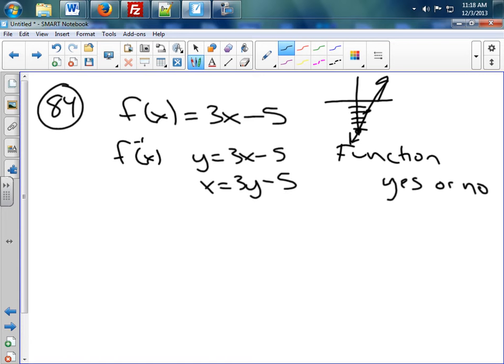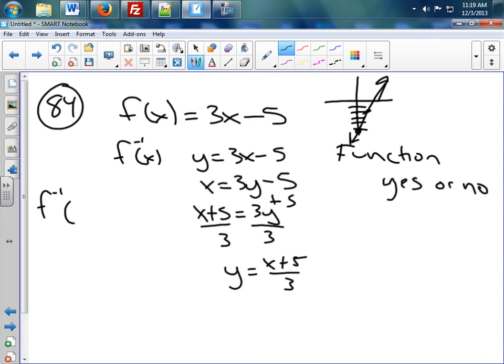Then we solve for y, so I'm going to add a 5, so that becomes x plus 5 equals 3y. Now I'm going to divide by 3, so I'm going to write it this way, x plus 5 over 3. So now I'm going to rewrite it in my function inverse form, which is x plus 5 over 3.